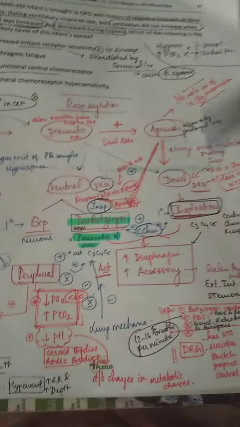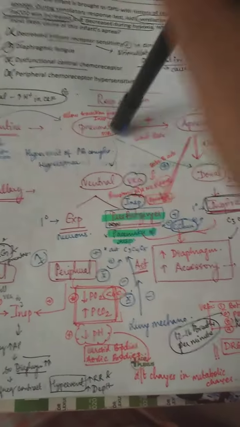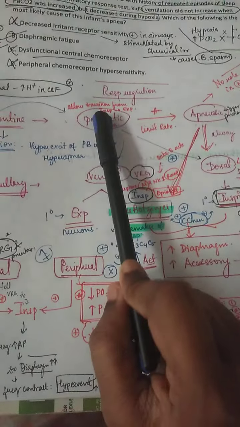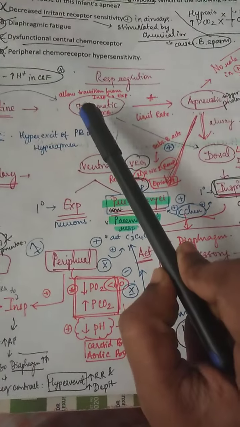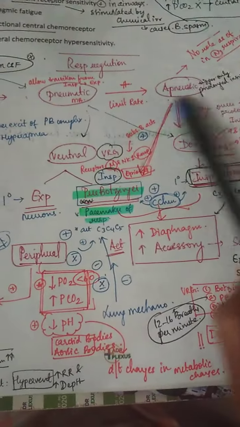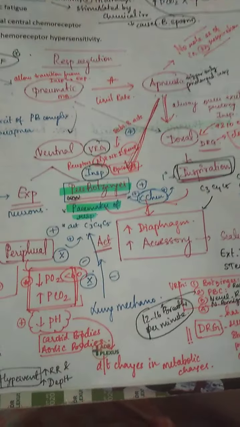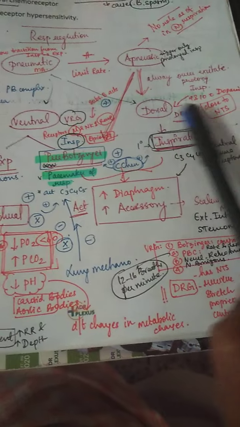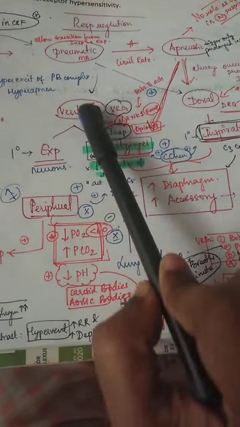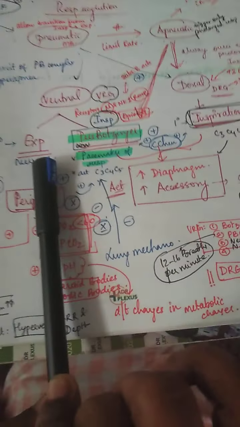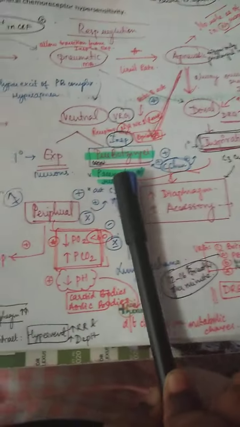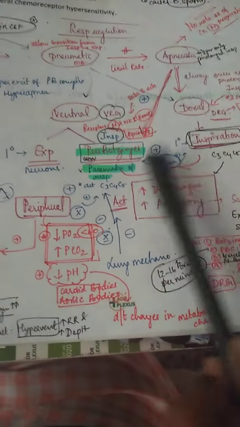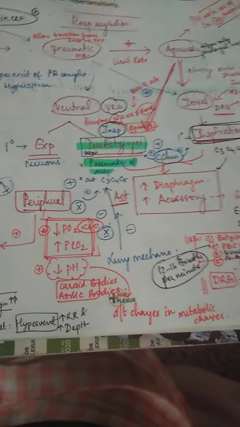Here I'm telling you again: the pneumotaxic center allows transition from inspiration to expiration, the apneustic center triggers only prolonged inspiration, the dorsal group is very close to the nucleus tractus solitarius, and the ventral group has the expiratory part, that is the Botzinger, and the inspiratory part, that is the pre-Botzinger complex. It is the pacemaker of respiration.